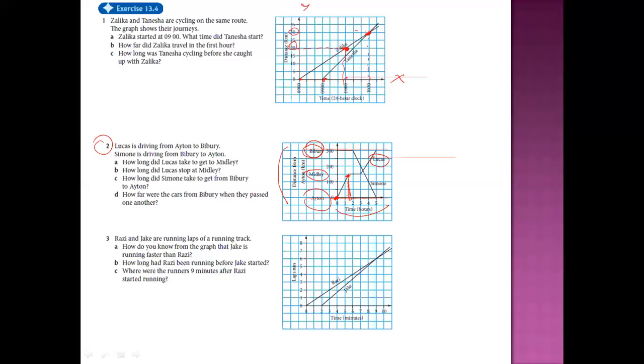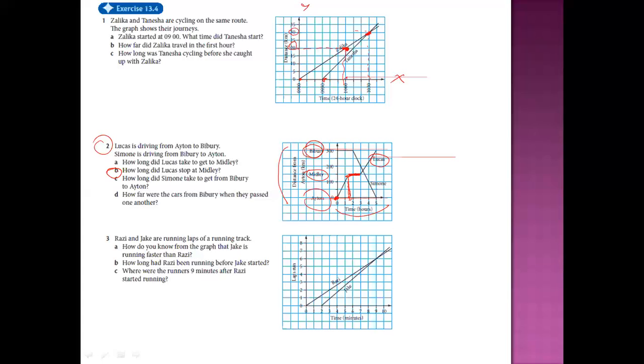Okay, the second option, B, the second question: how long did Lucas stop at Midley? As you see here, Lucas stopped for some time. How long?